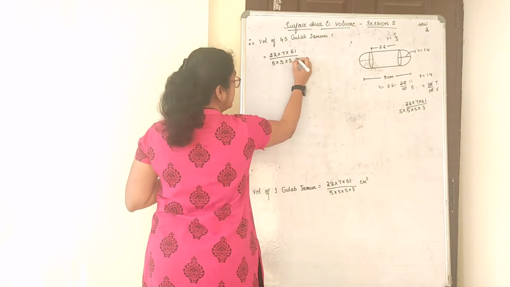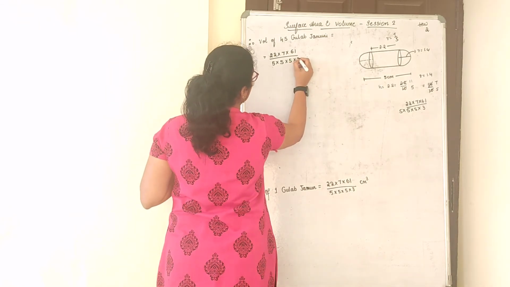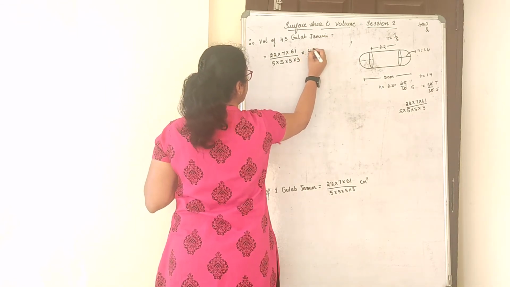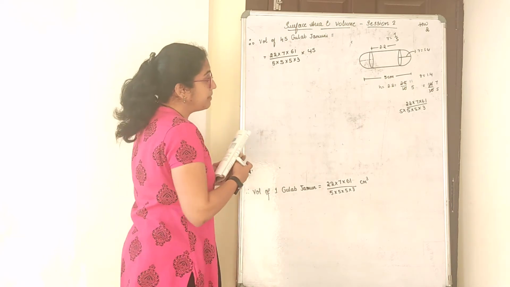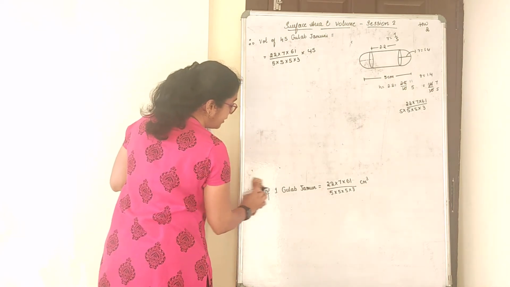Into 5 into 3 into 45, yeah, multiplied by 5, 61 by 5 also was there. So into 45.